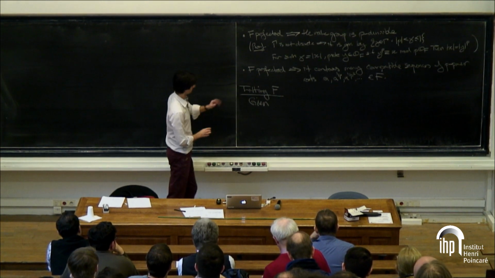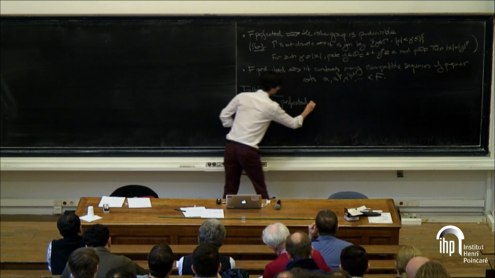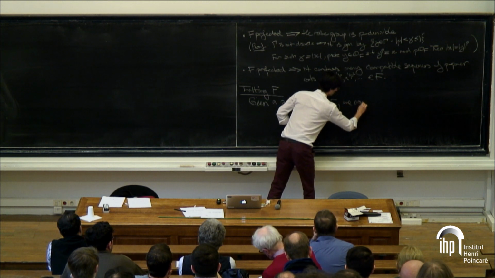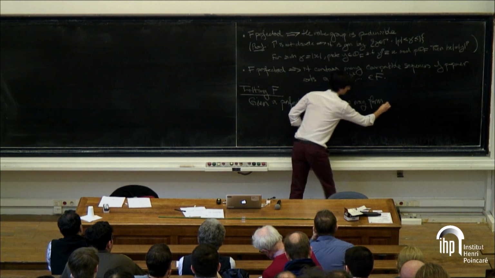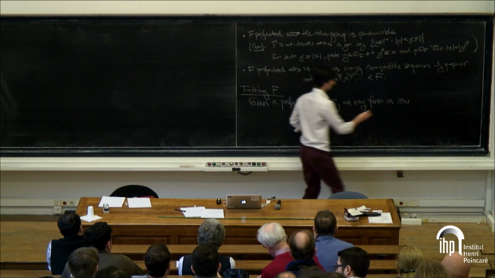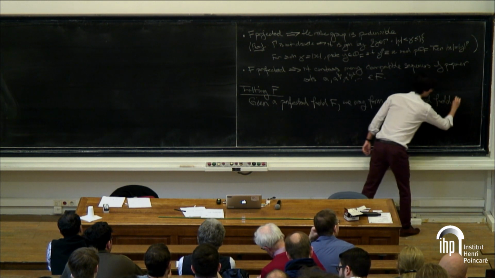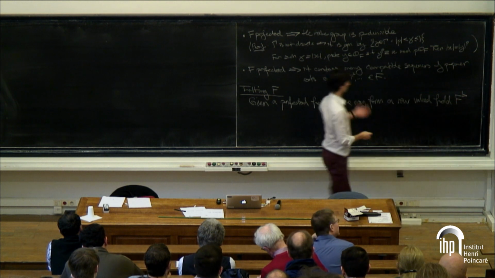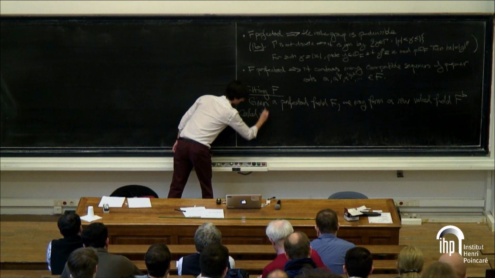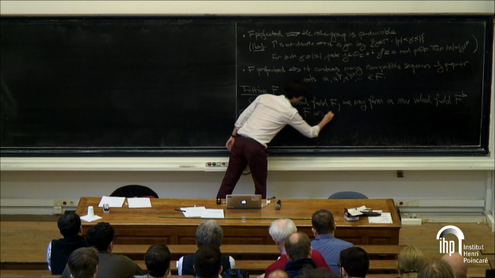So I fix some perfectoid field. And I'm going to build from it some new valued field, called the tilt of F, as follows.